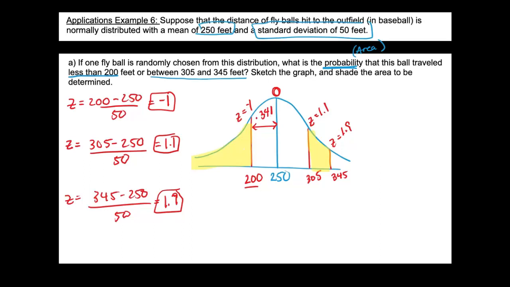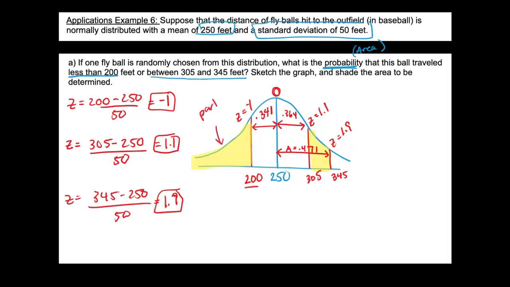And then for 1.1, so that would be this area from between 0 and 1.1. So that was 0.364. And then from 0 to 1.9, so this entire area, this would have an area of 0.471. So I'm first going to just look over here.